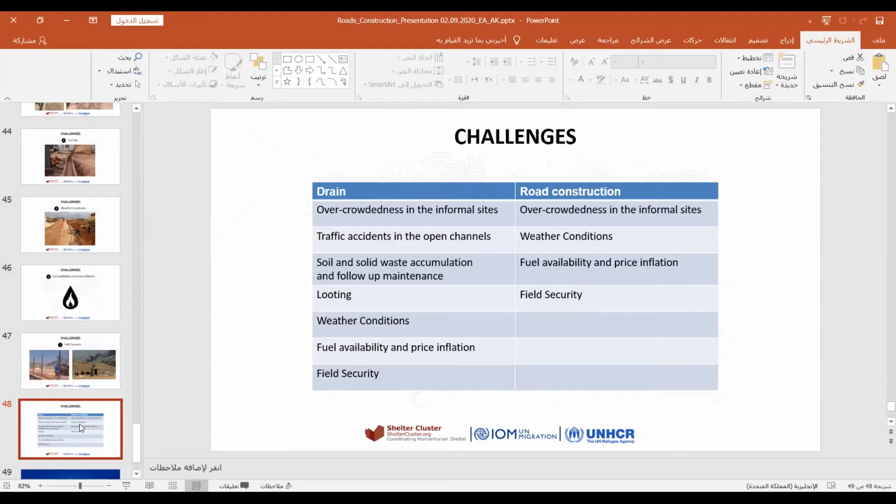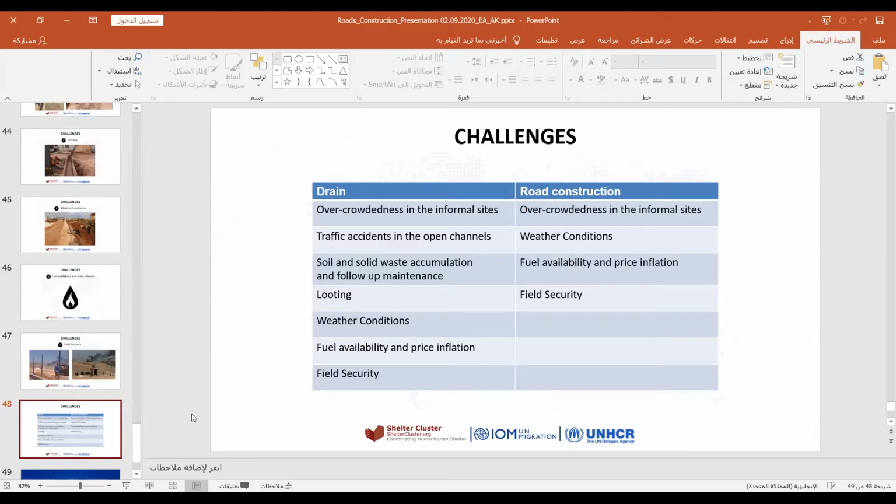Fourth, looting, like stealing some of the materials. Then weather conditions, fuel availability and price inflation, and finally field security. This is in brief, of course, and these are the challenges that we face during the implementation of road construction or channels.